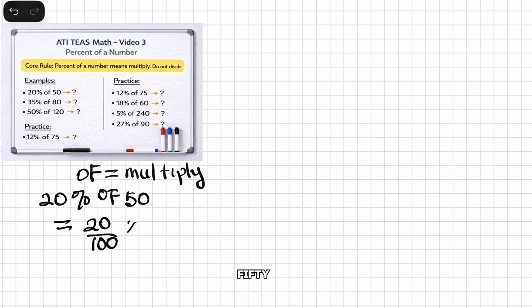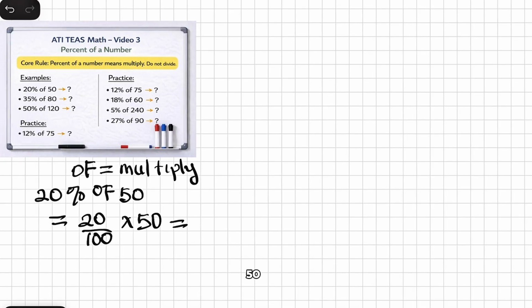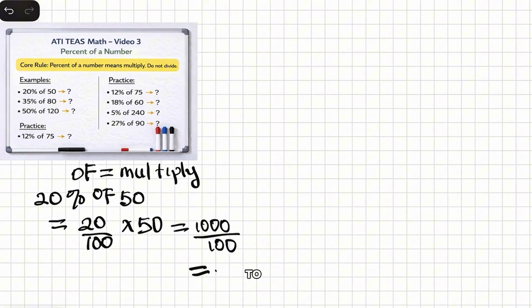So 20 times 50 is equal to 1,000 divided by 100, which is equal to 10. Therefore, 20% of 50 is 10, right?